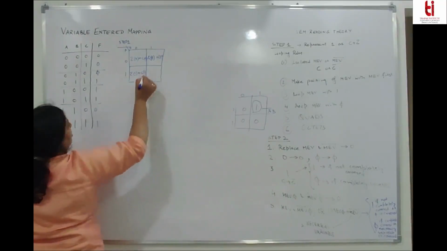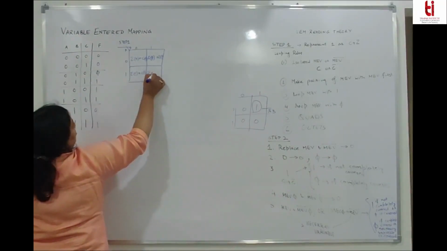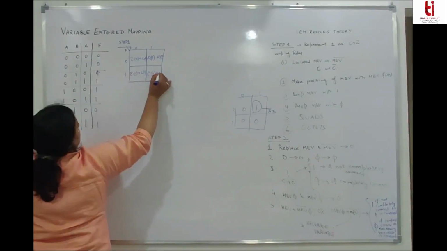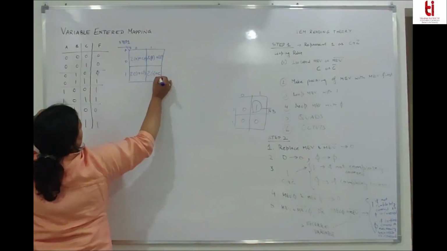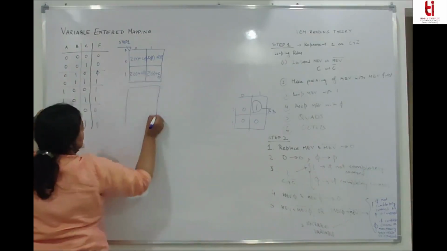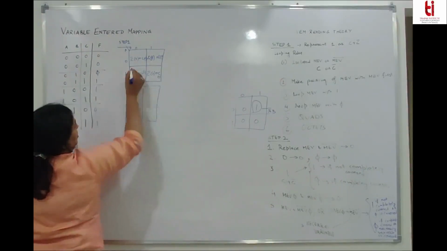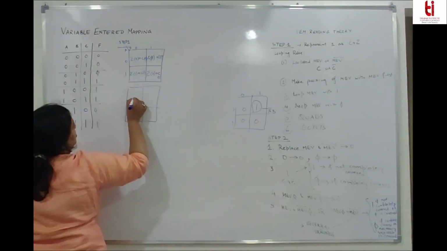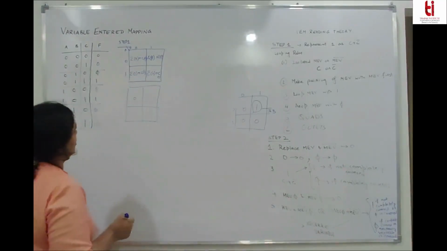And for 1 1, C bar is 0 plus C is 1. So this reduces to C bar 0, C 0. So this is 0, both are 0.